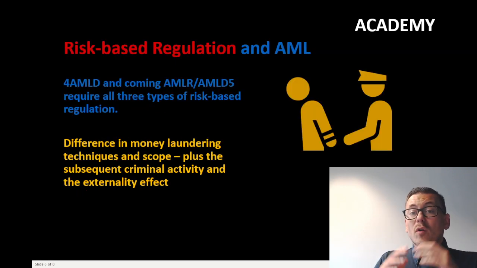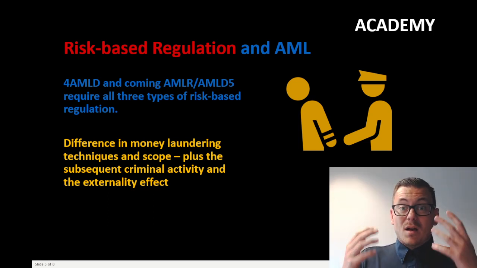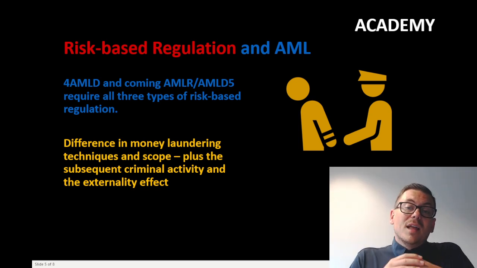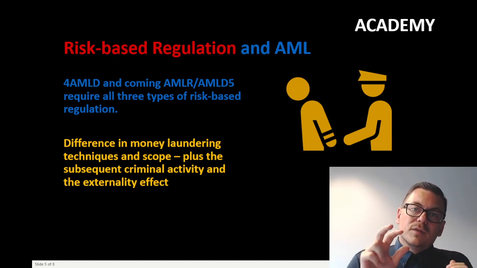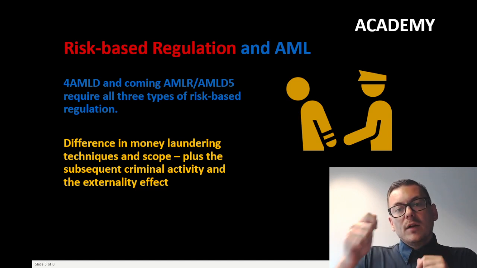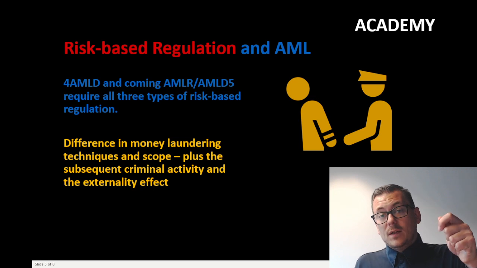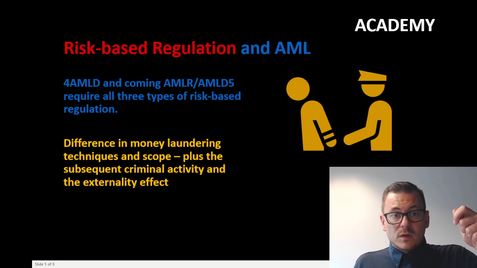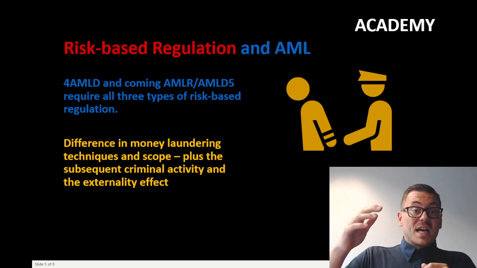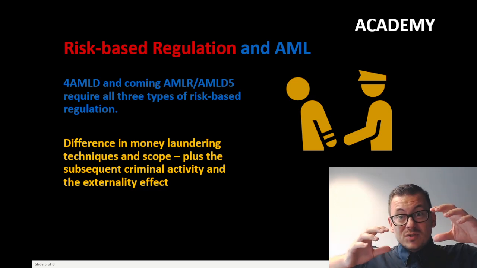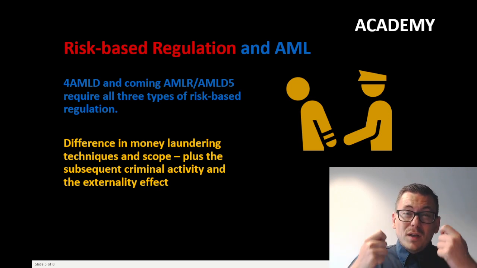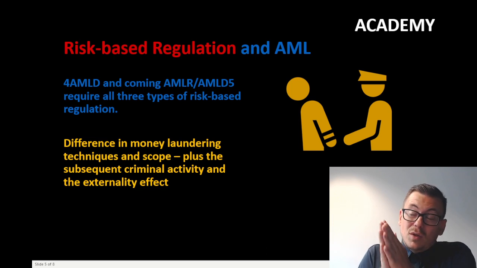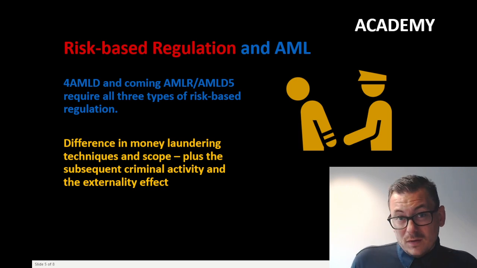If we look at the 4 AMLD and the coming AMLR and AMLD5, we can see that these frameworks include all three types, because they address private entities, they address member states to do risk assessment and mitigate risk, but they also address an international, more systemic approach where member states and private entities need to collaborate, because there is a risk that cannot be solved within a private entity or within one member state, but demands collaboration.